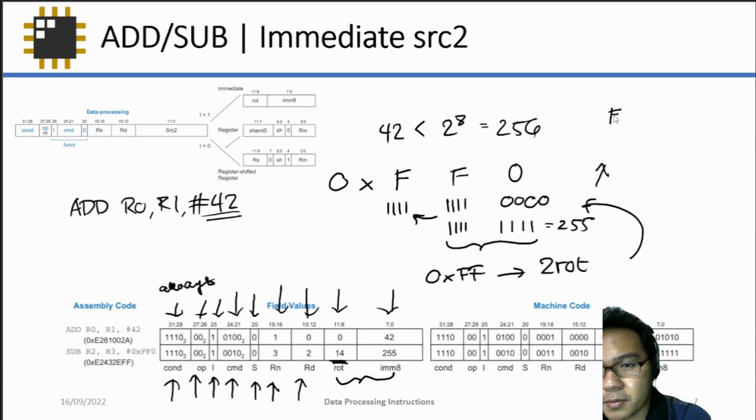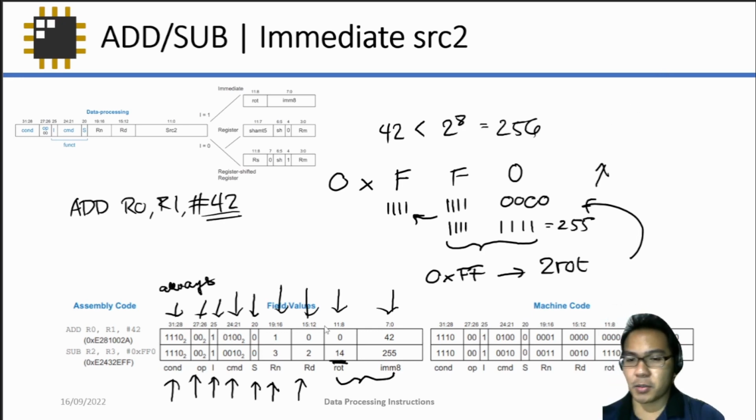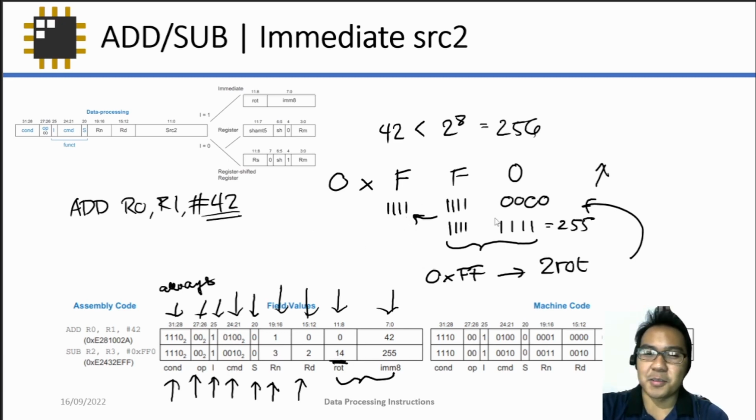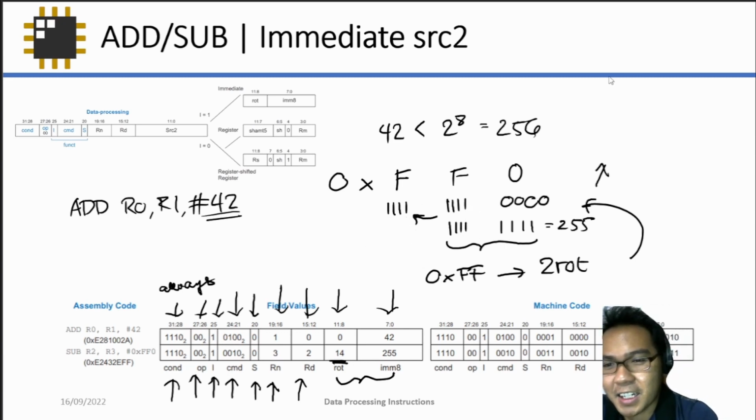Okay, so FF0. Let's just rotate. The full 32-bit number would be very long indeed. How do I do this?